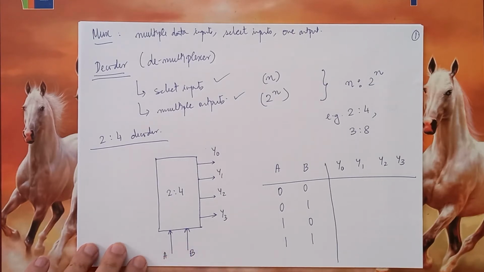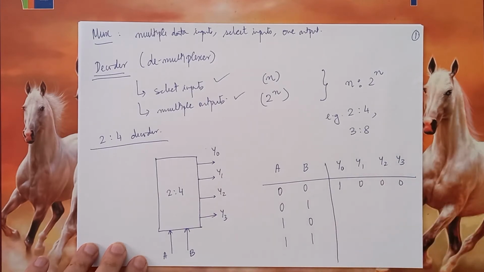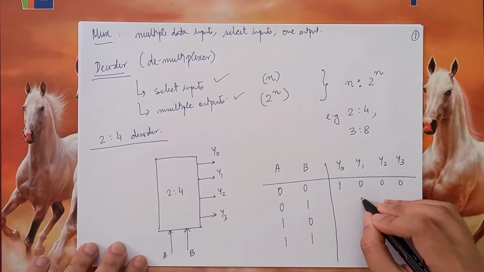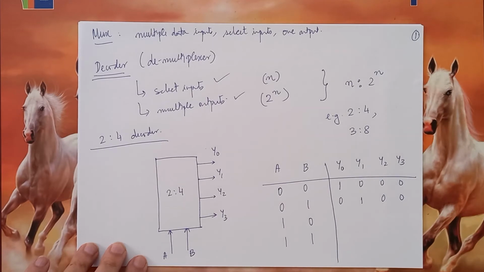If A and B are 0 and 0, then Y0 is activated and it becomes 1, while the rest of the outputs at the same time are all zeros. When A and B are 0 and 1, Y1 is activated. That means Y1 becomes equal to 1 and the rest of the outputs remain 0. When A and B are 1 and 0, it is Y2 which becomes 1 and the remaining outputs are 0. Likewise, for 1, 1, it is Y3 which becomes equal to 1.